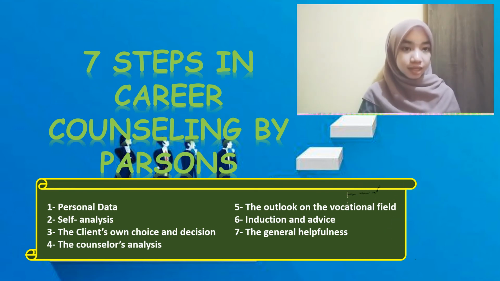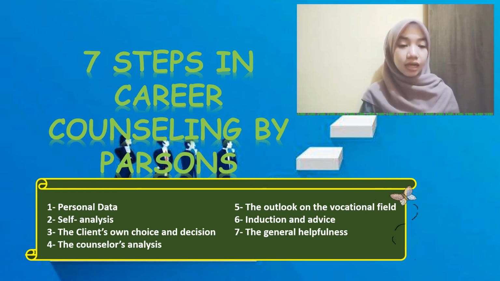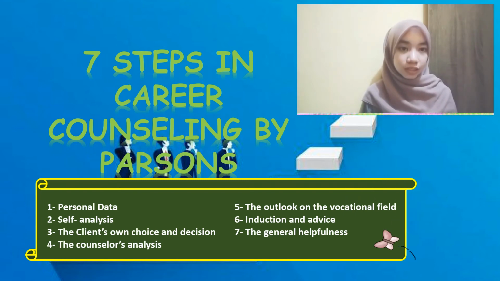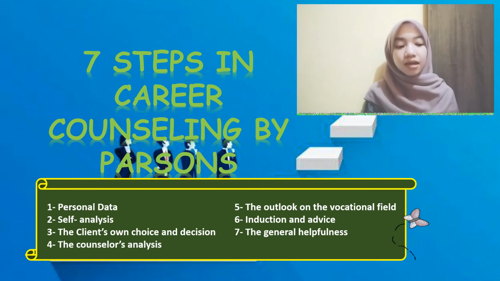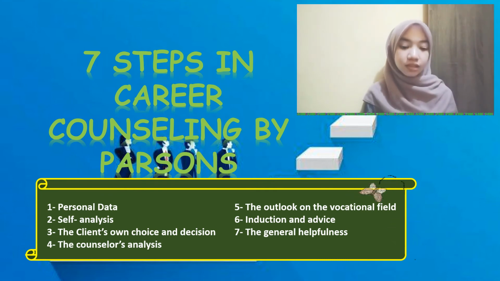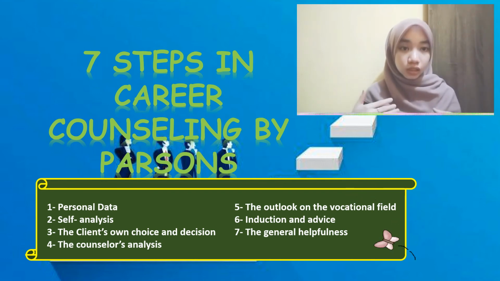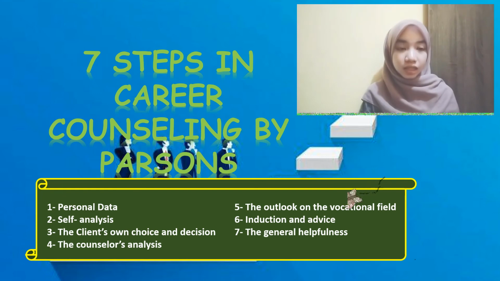Stage 7 is induction and advice. A broad-minded attitude coupled with logical and clear reasoning are critical at this stage. And the last stage is general helpfulness. The counselor helps the client to fit into the chosen work and to reflect on the decision.